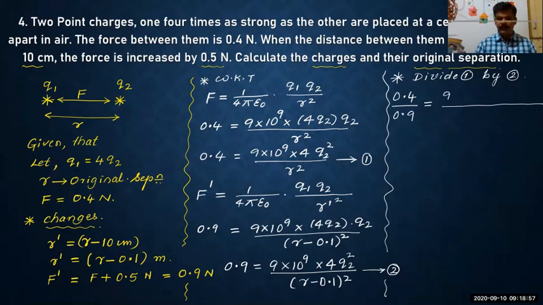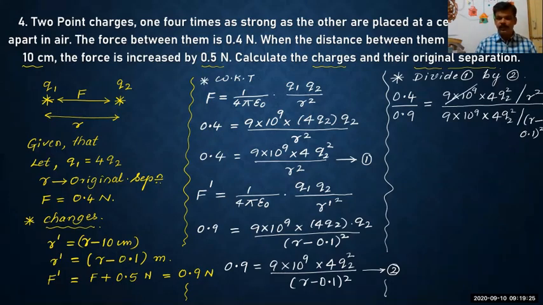So that is 9 into 10 raised to 9 into 4 Q2 square whole divided by r square. In the denominator, again 9 into 10 raised to 9 into 4 Q2 square divided by r minus 0.1 whole square. There is less space, so I have just written it here, try to understand it.